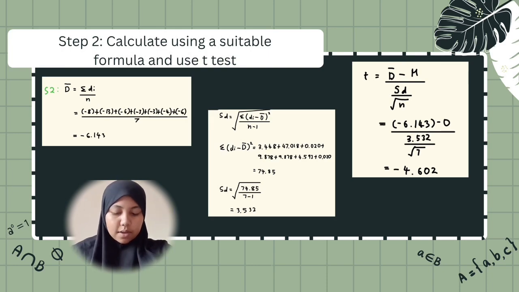Other than that, we have to calculate DF because we will use the table. Why do we use the table? Because the sample size is below 30. So the DF formula is equal to N minus 1.